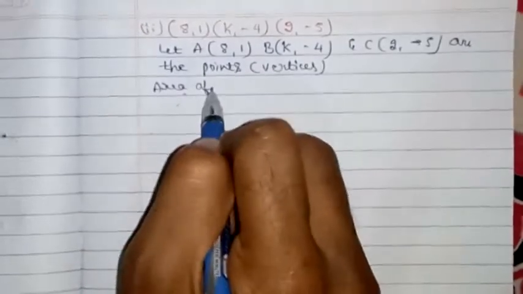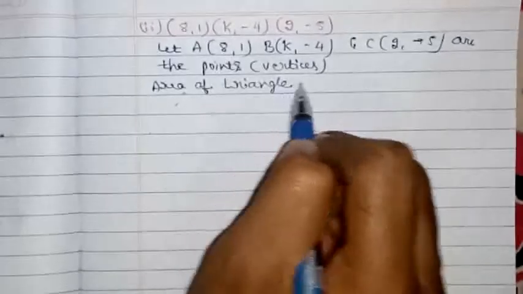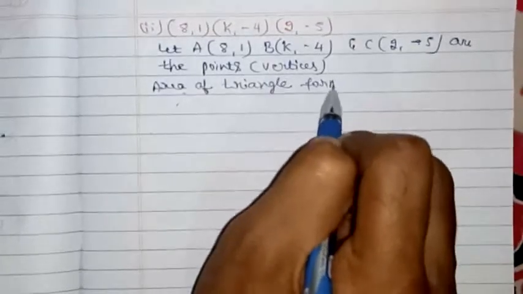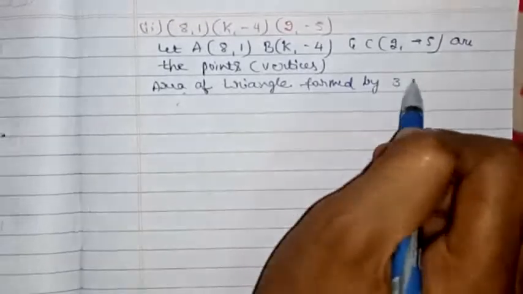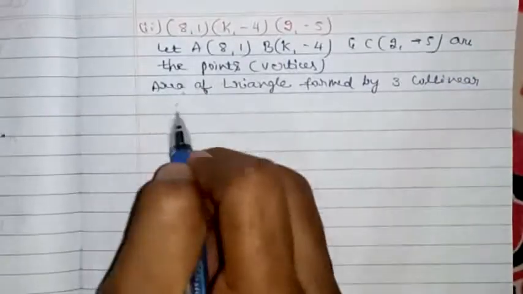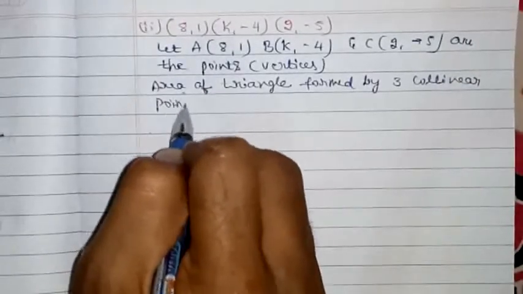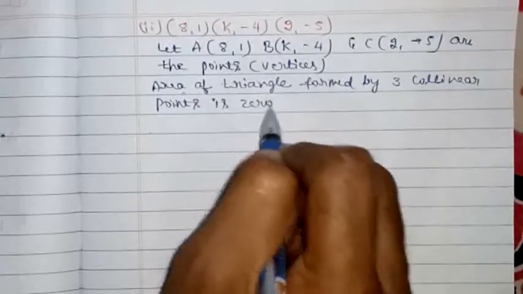area of a triangle formed by 3 collinear points will be 0. Right, will be 0.